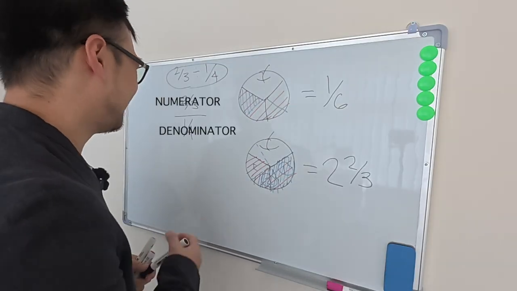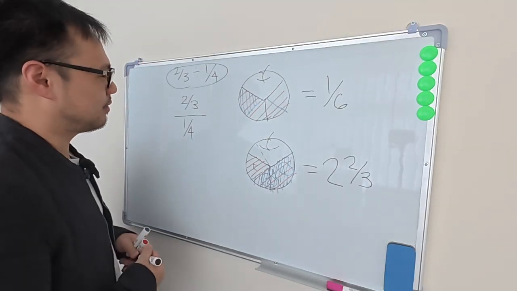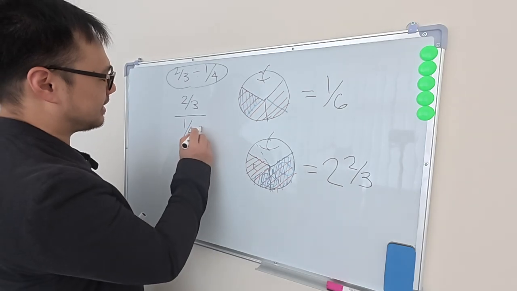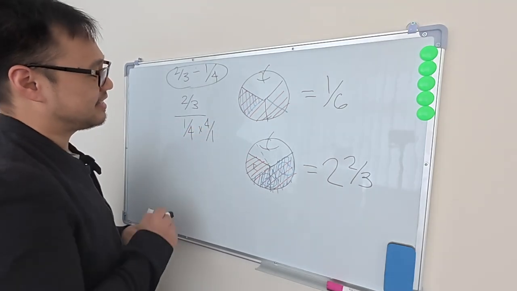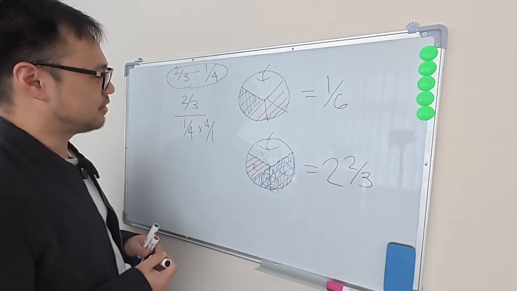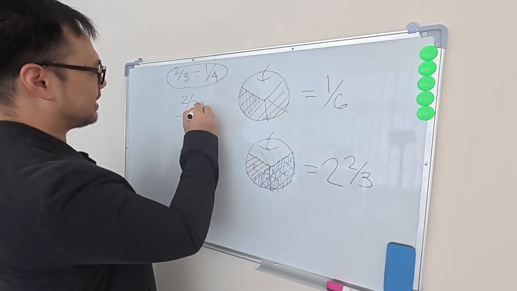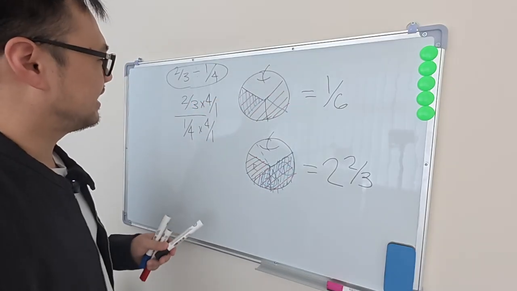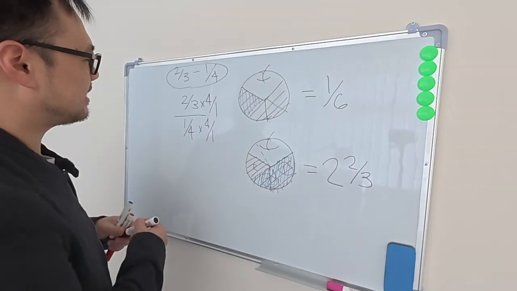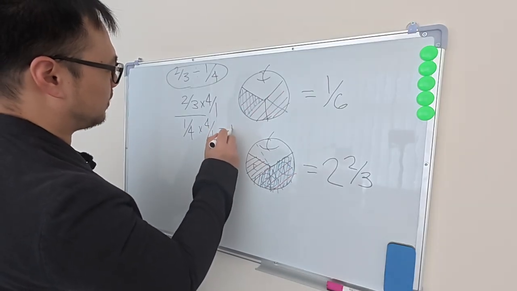I hope so. So how do we make 1/4 equal 1? We times it by its reciprocal. That's right. Whatever we do down here to the denominator, we also have to do to the numerator. So we're also going to times that by 4/1. Okay? So what's going to happen now is this will equal 1. That's right.